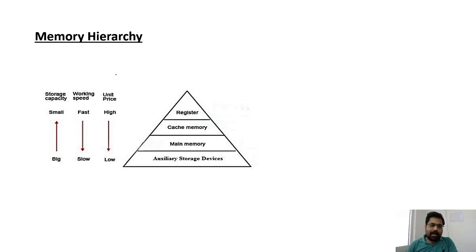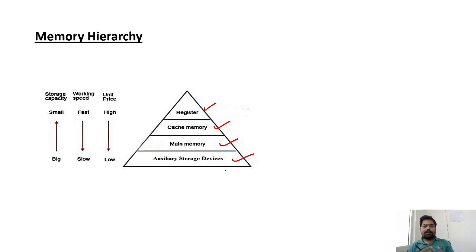As for the memory hierarchy, before going to it, I must tell you the memory helps us to store data, and whenever we need data, we can fetch it from the memory. The categories of memory are register memory, cache memory, main memory, and auxiliary memory.